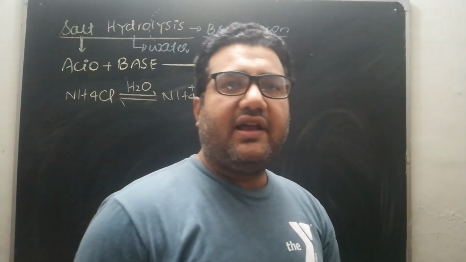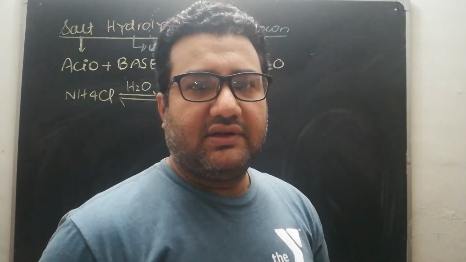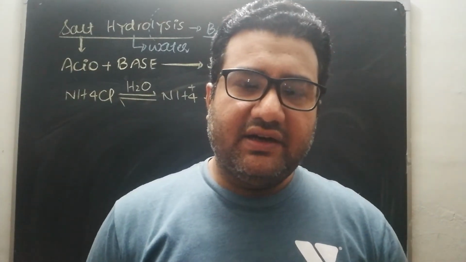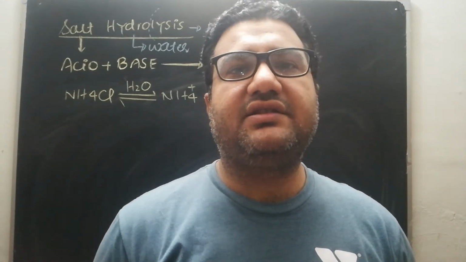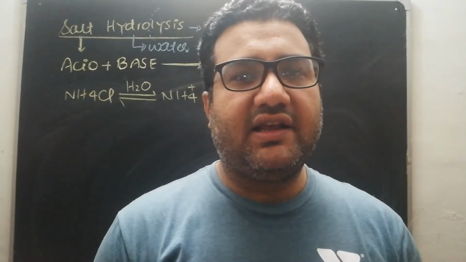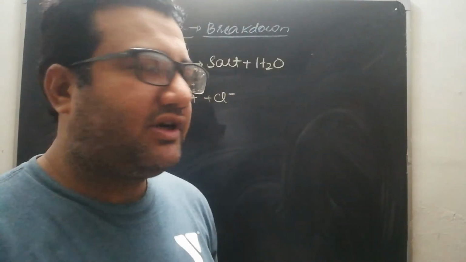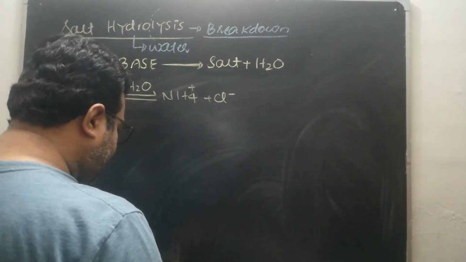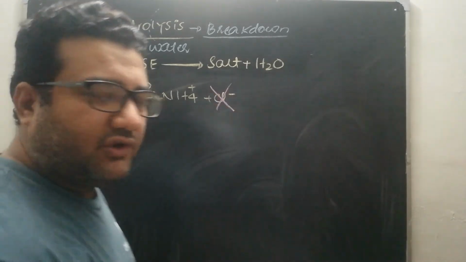That chloride ion is a weak conjugate base because its acid HCl is strong. You know that whenever an acid is strong, its conjugate base is weak, and whenever an acid is weak, its conjugate base is strong. If you do not have any idea of it, then kindly first of all watch my lecture on the ionization constants Ka, Kb, pKa and pKb. Then you will be able to understand it in a much better way. So it is a weak conjugate base, and weak bases do not actually react. So it will not react with the water molecules.